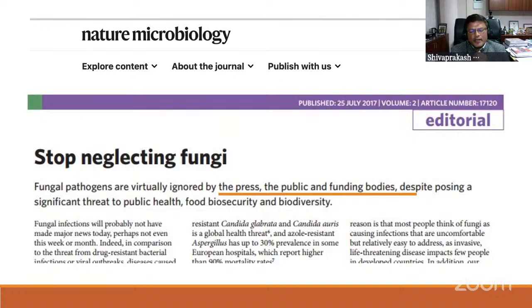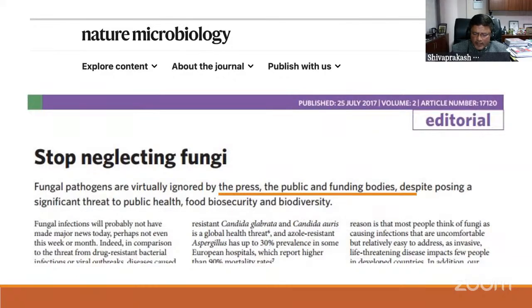That's why many have moved out from being human mycologists and become environmental or animal mycologists. For the environment we have a lot of money, but funding for human fungal infection is really very little.